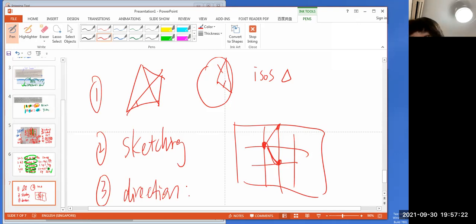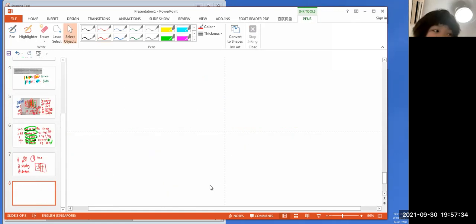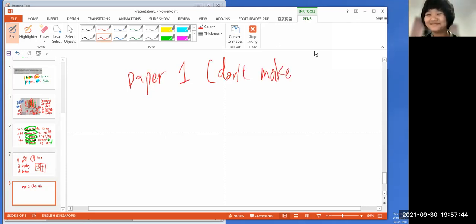This will be your paper 1. Okay, but what I'm not too worried about is your paper 1. Okay, let me caution you. Final caution. You have to really memorize this final caution. Okay, paper 1. Don't make careless mistakes. How?